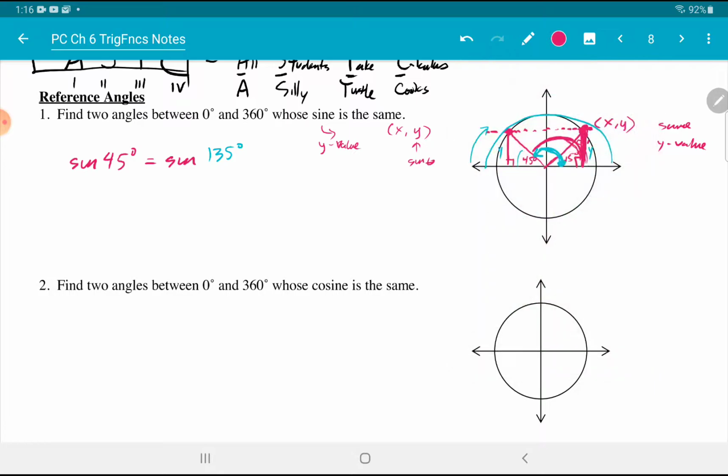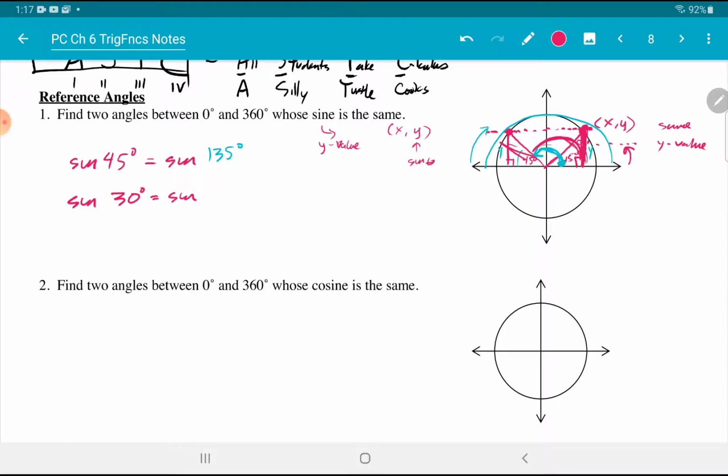Let's do another example. Let's say we establish sine of 30 degrees. We want to find another angle that gives us the same sine. So sine of 30 degrees means we're going to go 30 degrees up. It needs to have the same y value. Where will that be? We need to have another 30-degree triangle in quadrant 2.